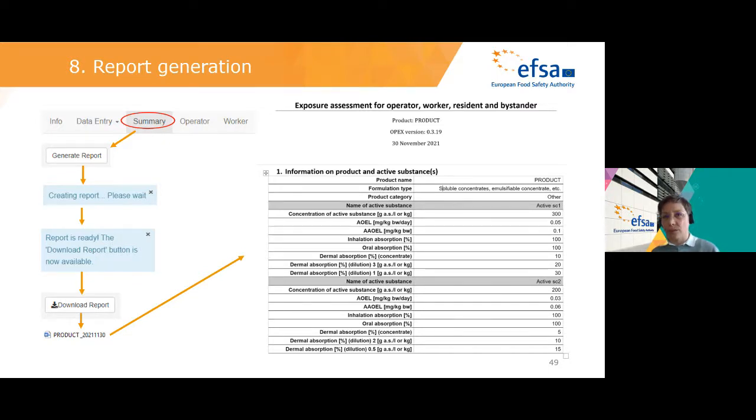It can take a few seconds, be patient. And once it is ready, the button Download Report will be active, and you will be able to download the Word document that is produced by the calculator. And you see here how it will appear, but I can show you in the examples how it is really designed.